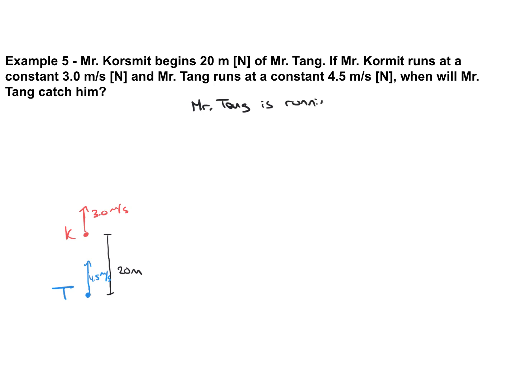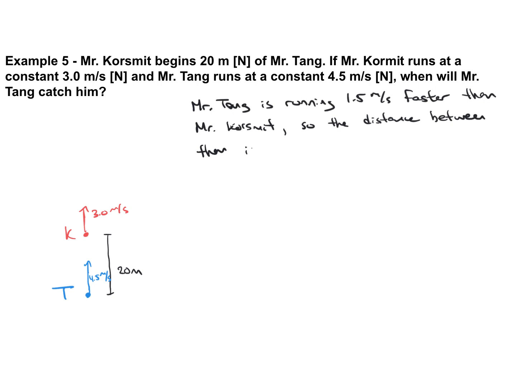So Mr. Tang is running 1.5 meters per second faster than Mr. Korsmit. So the distance between them is shrinking by this rate. Rate is a much better word to use.